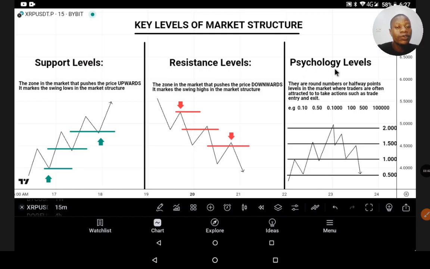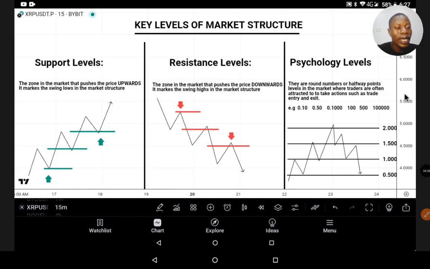And the third level is the psychology level. I told you this level is not so common among traders, but it's very important, and it's also a key level where some traders wait. They are attracted to it in order to take action, either to place a stop loss, take profit, or enter a trade. It's the level that usually ends in zero.